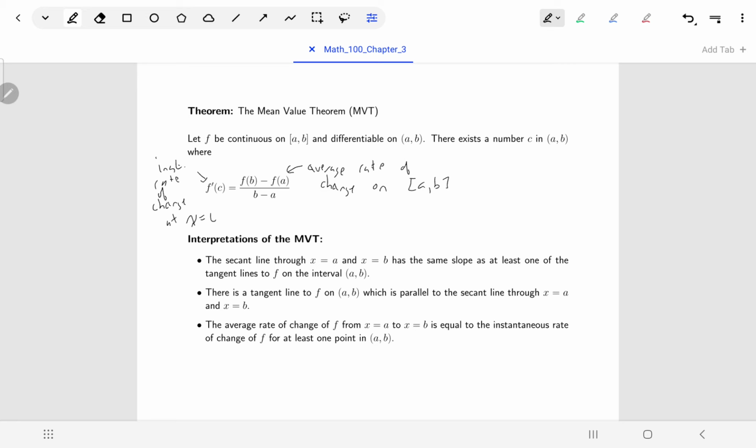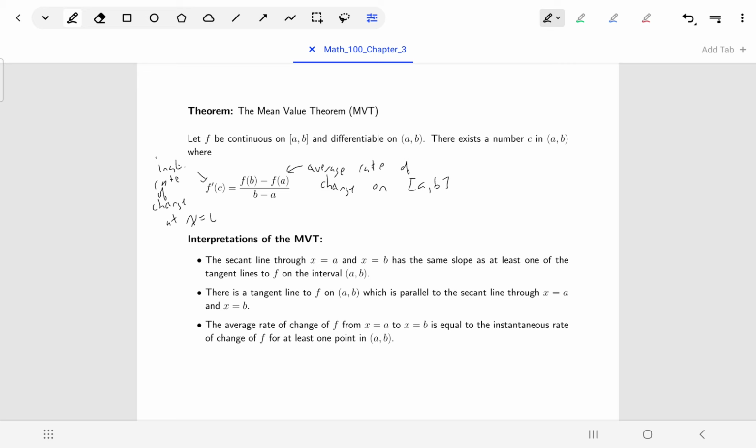So pretend we've got some function that's telling us the temperature for the entire day. Let's say at the start of a 10-hour period, it was 20 degrees, and at the end of the 10-hour period, it was 25 degrees.